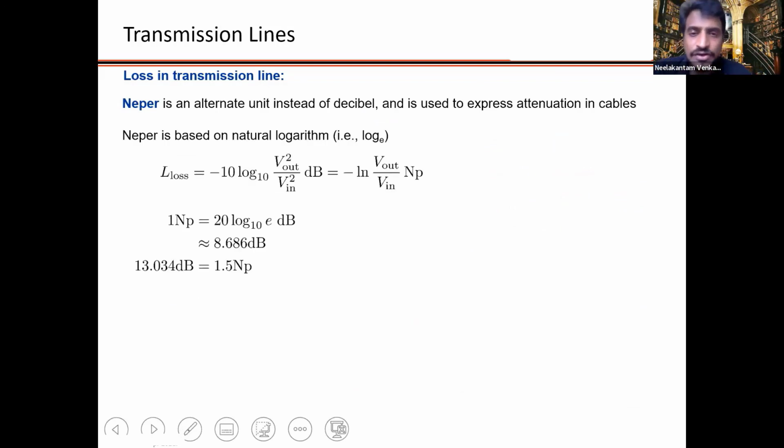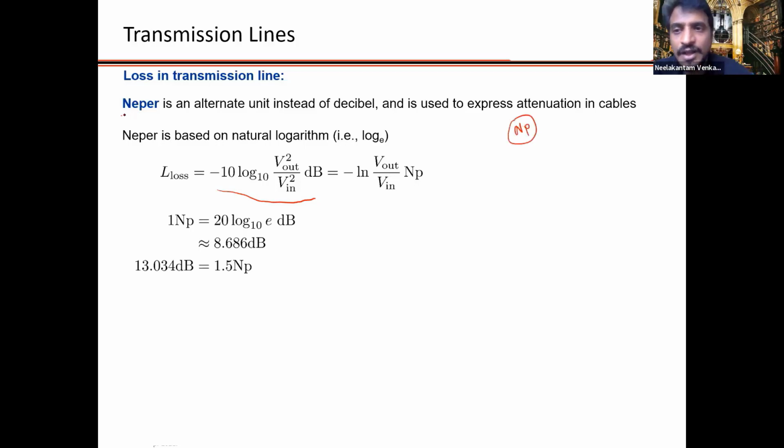There is a better way to describe this loss rather than simply the ratio of V out squared over V in squared that we did. Typically what people use is what is called the neper. The neper is an alternate definition of loss, just for loss alone in transmission lines, defined in terms of nepers rather than in decibels.